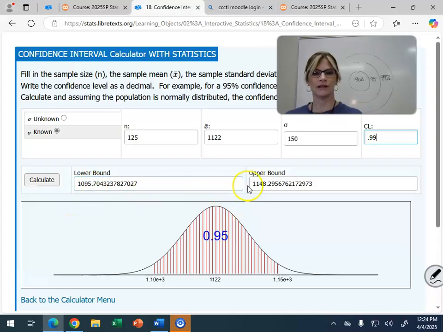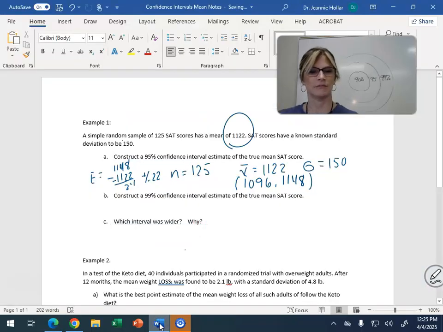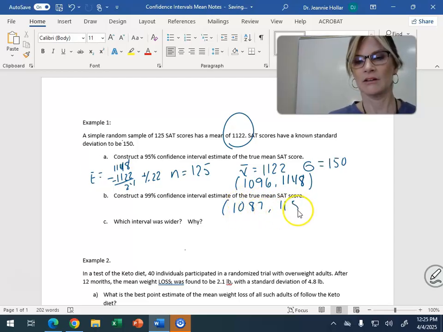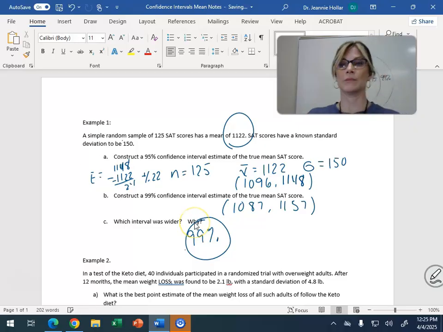Now it goes from 1087 to 1157 or so. 1087 to 1157. Okay, the 99% is wider, and I'm going to show you why.